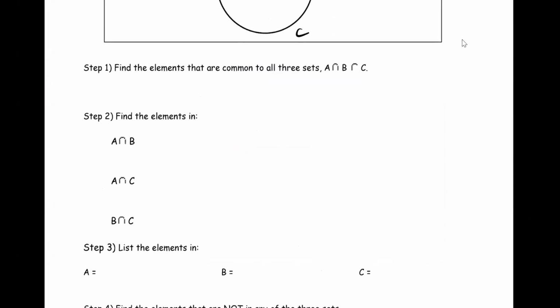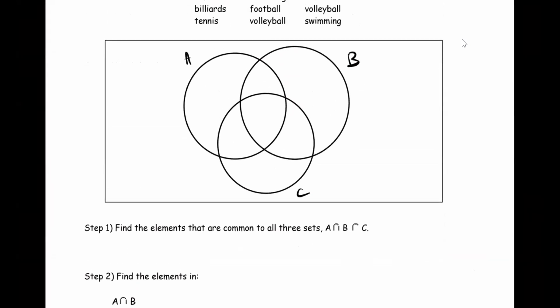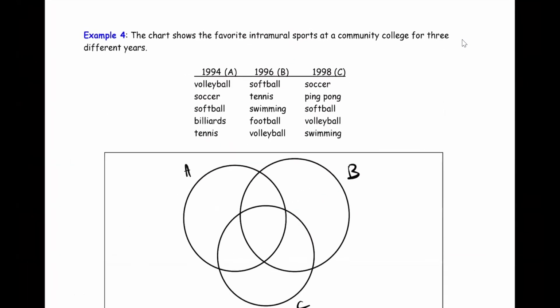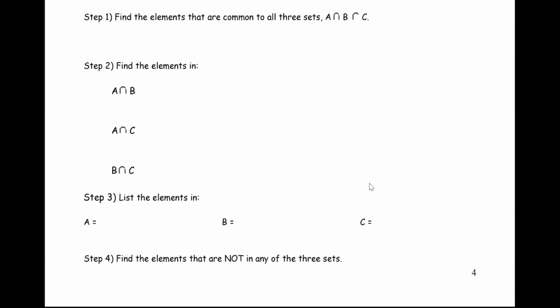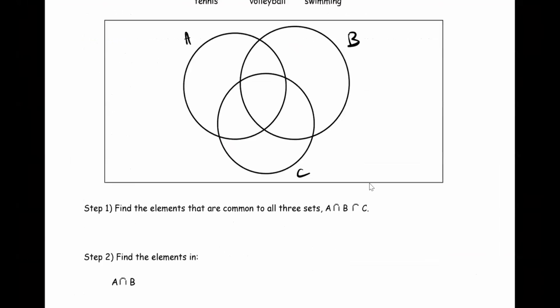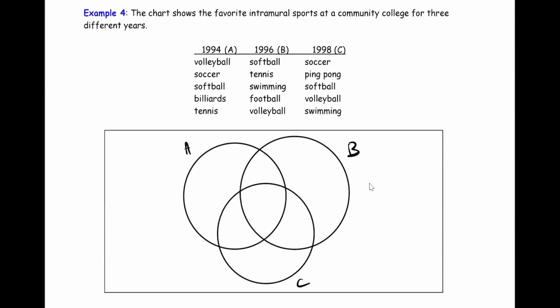Actually, maybe I can give you guys a little bit of time to try this out and then we'll come back and see what you came up with. So let me give you like 10 minutes to try this, and I'll even put you in groups. Do your best and then write out the sets after you fill in the Venn diagram. So I'll give you 10 minutes and then we'll come back and check our answers.